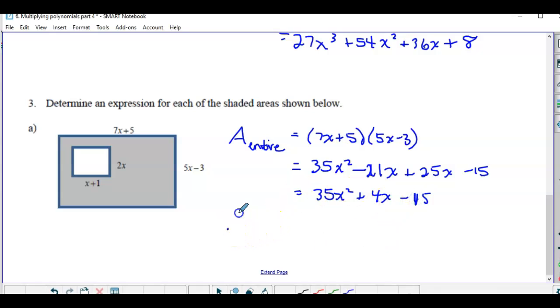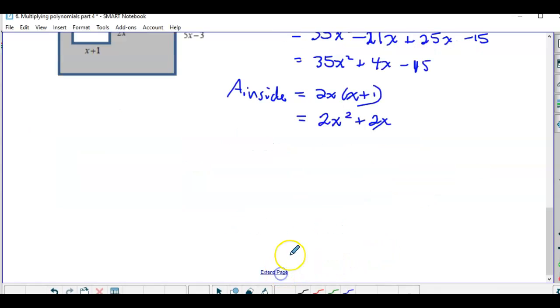Okay, and then the area of the inside is 2x times x plus 1, which is 2x squared plus 2x. And then we have to subtract them.